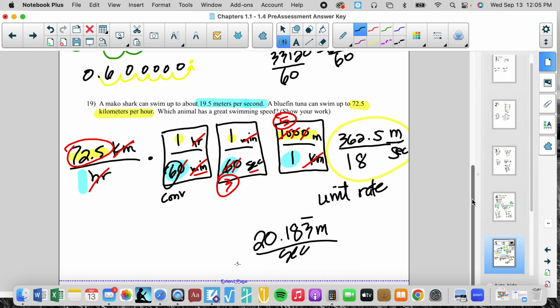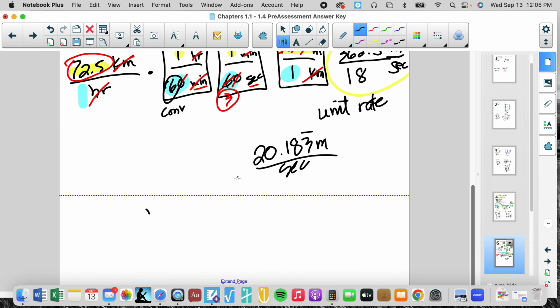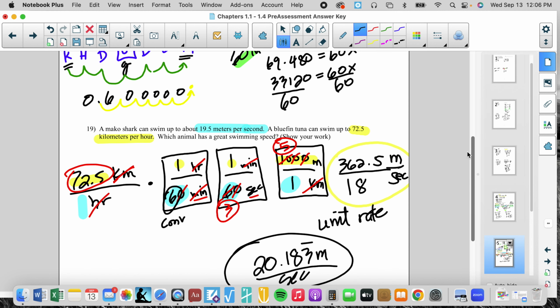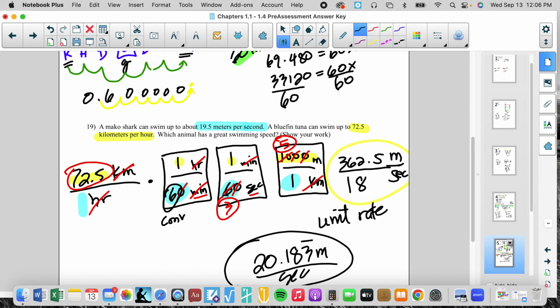The bluefin swims faster, because it can swim 20.138 repeating meters per second, where the mako can only swim 19.5 meters per second. That's pretty fast. I don't think I want to be in the water when either of them is coming after me.